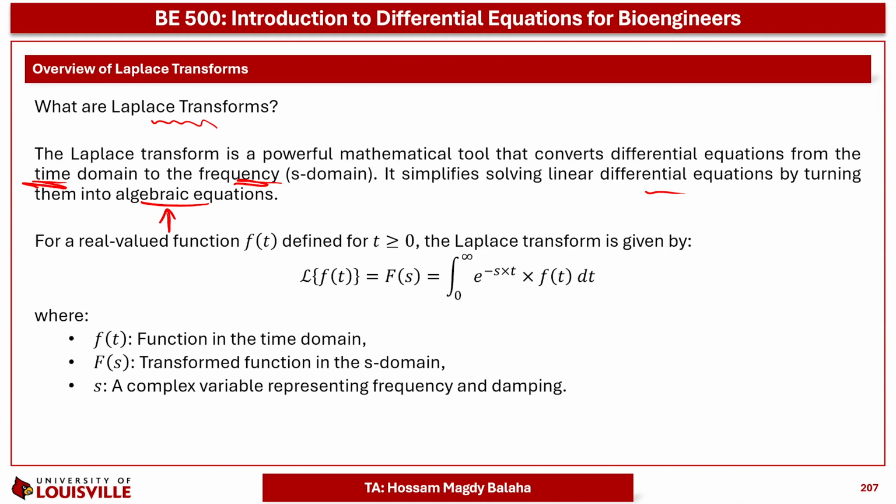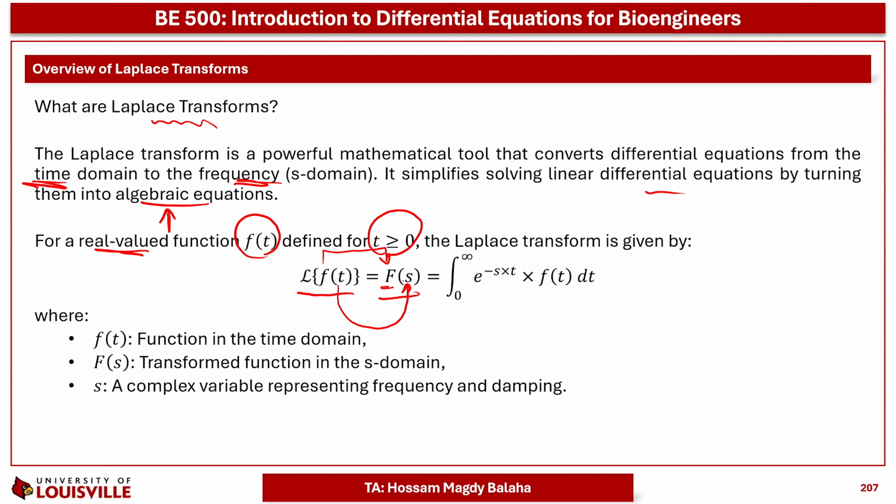So that we can get the required function. As a definition, for a real valued function f of t defined for t greater than or equal to 0, the Laplace transform is given by Laplace of f of t equals F of s. As a notation, we convert from lowercase f to uppercase F, converting from the time domain to the s domain.